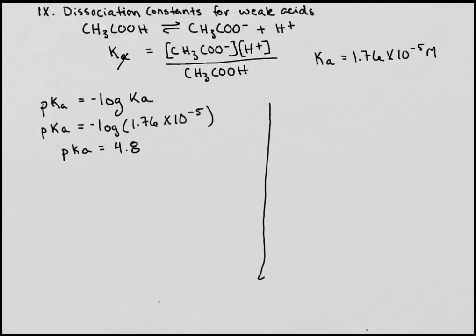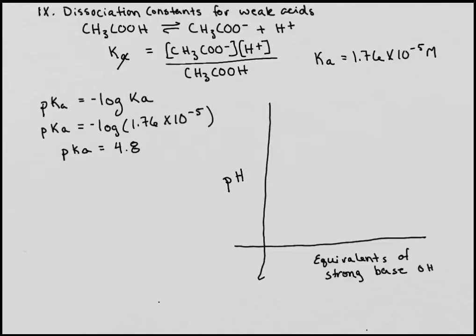If we make a graph that could be experimentally determined, in which pH is given on the y-axis, and on the x-axis either the equivalents of strong base, that is OH minus, or we could look at this as being the hydrogen ions dissociated per molecule of our weak acid.